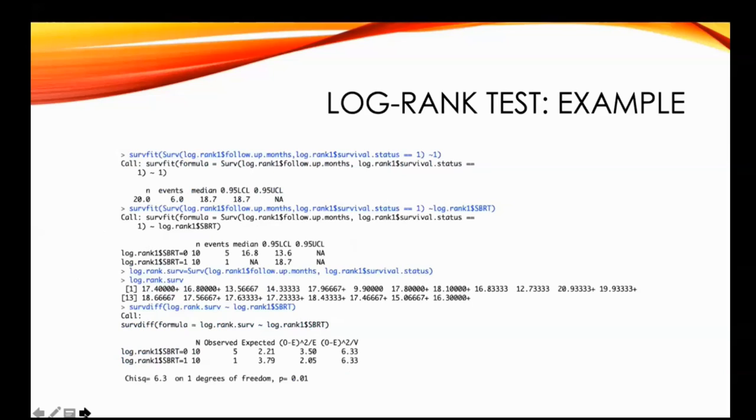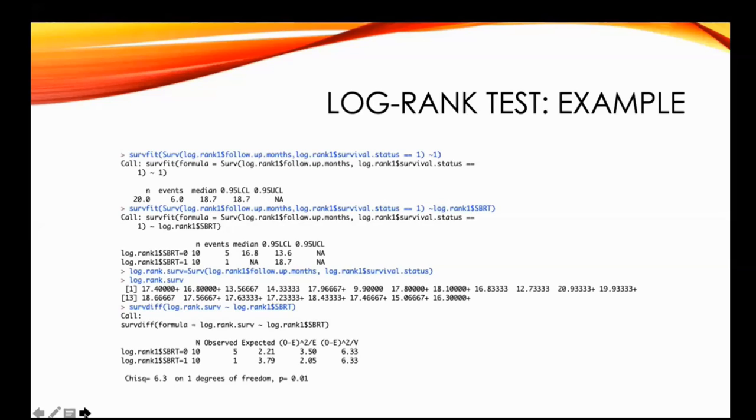So here is the information from R. First, the survfit function for the whole group gives us an N of 20, 6 events, and a median survival of 18.7 months. Then we do the survfit function by SBRT. This shows patients who did not get SBRT, so that's the first group that we already analyzed. Their median survival was 16.8, exactly what we got in our Kaplan-Meier analysis.